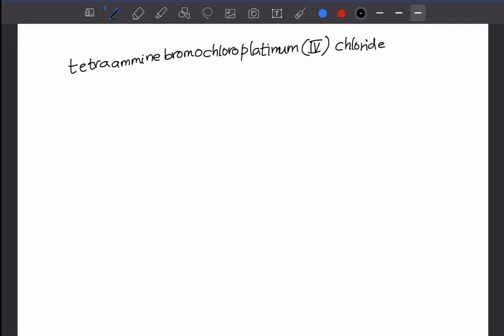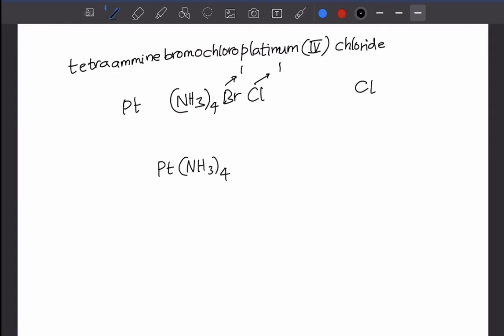We know that the outside one is chloride, and there is bromine, there is chlorine, one of each, and there is tetraammine, so NH3, 4 of them, and platinum is the metal. Now we can write that based on the order: platinum, NH3 taken 4, BrCl. So this is the complex, and the chloride here, Cl minus, is the anion. So the complex becomes the cation.